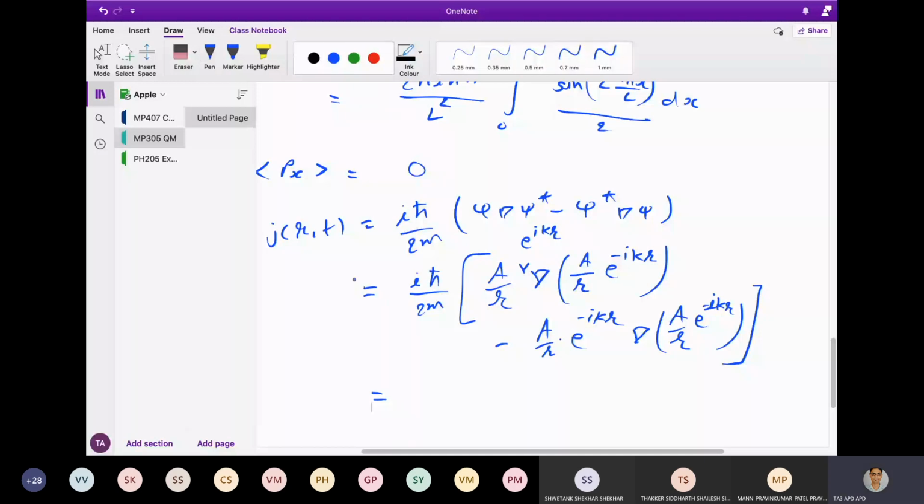So one thing is common that you can take out from both. Now that is iħ/2m into a square into the bracket. So you have to now take the differential of this operator. ठीक है ना?